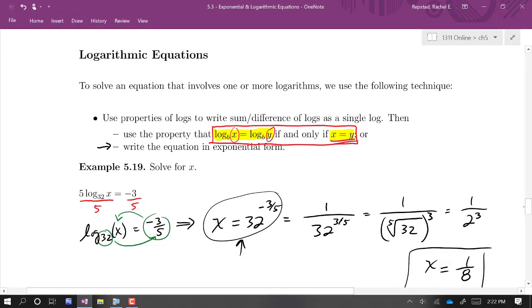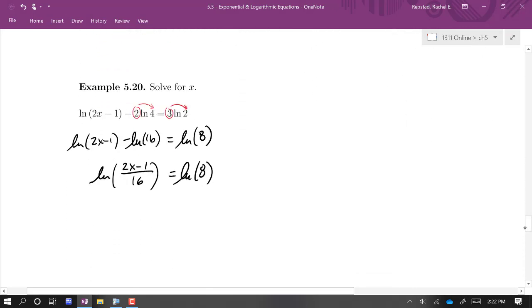So applying that principle, if ln of (2x minus 1) over 16 is equal to ln of 8, that means that (2x minus 1) over 16 must be equal to 8.